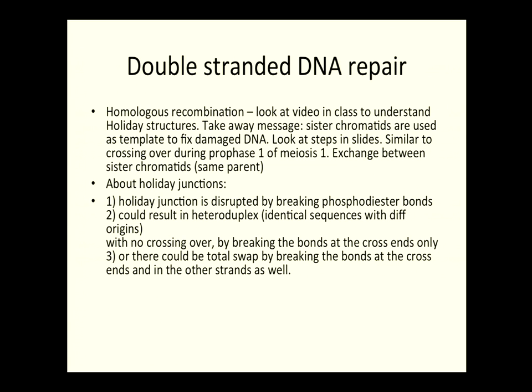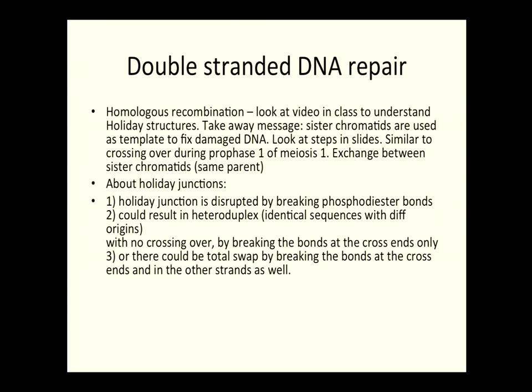Double-stranded repair mechanisms. You have two of them. Homologous recombination. Like I said before, it's error-free because you're using the sister chromatid as a template to fix it. And I'll run you through the entire process here.